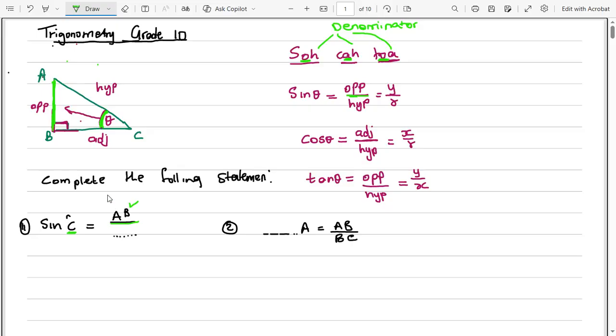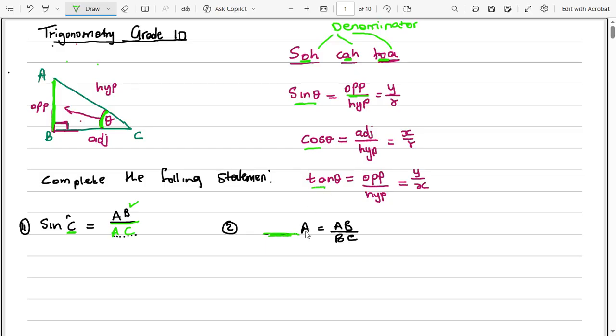So the answer for this one is AC. You understand how we got that one? Then now, we need to check, is this cos, is this tan, is this sine? Between these three, we need to choose one to write here.